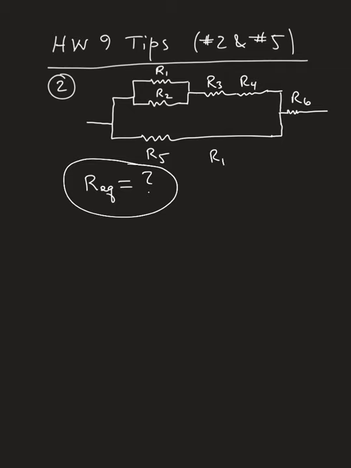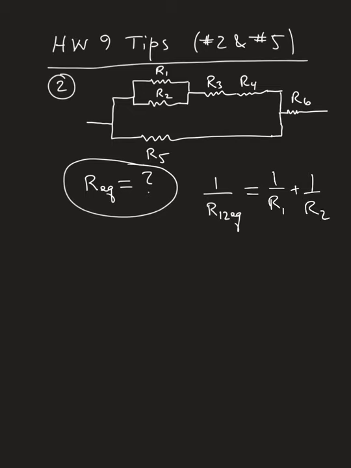So I'm going to have R1 and R2 in parallel. I'll write 1 over R1,2 equivalent, that's the equivalent of this parallel segment. That's equal to 1 over R1 plus 1 over R2, right?